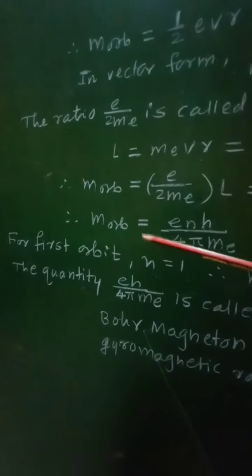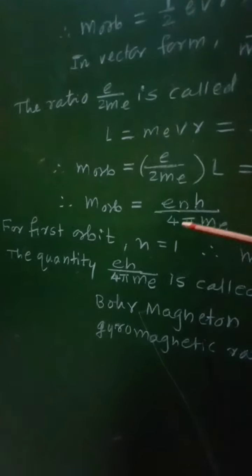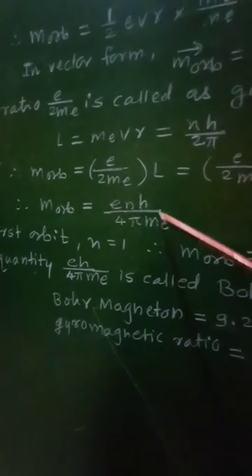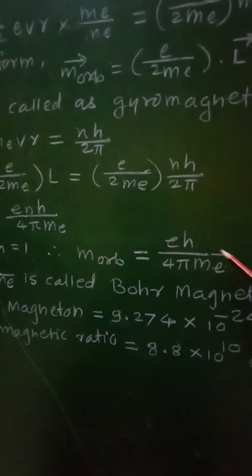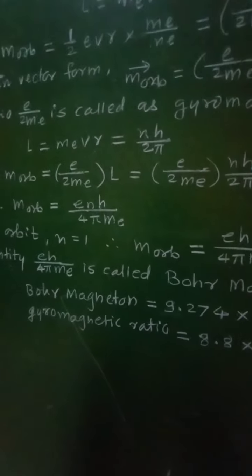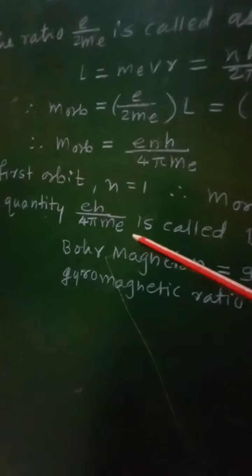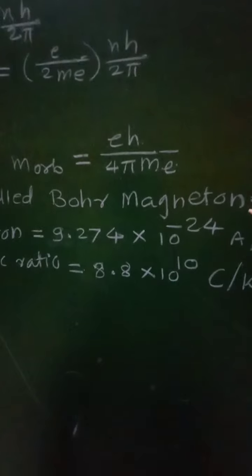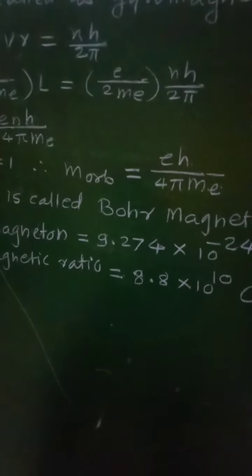Now for the first orbit, instead of the nth orbit, if you consider the first orbit, n will be equal to 1, and therefore we get m_orbital is equal to eh upon 4 pi m_e. Hence the quantity eh upon 4 pi m_e is called the Bohr magneton, denoted by BM.